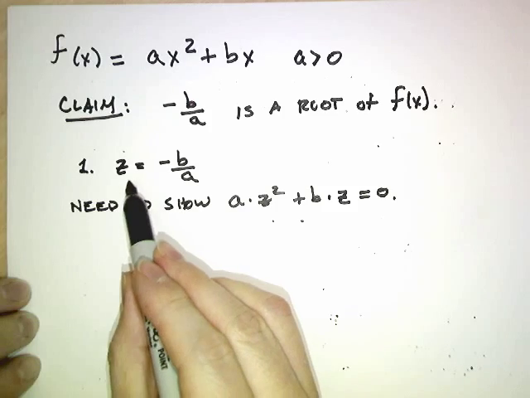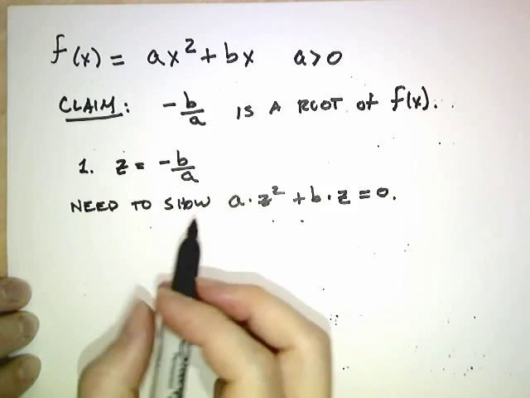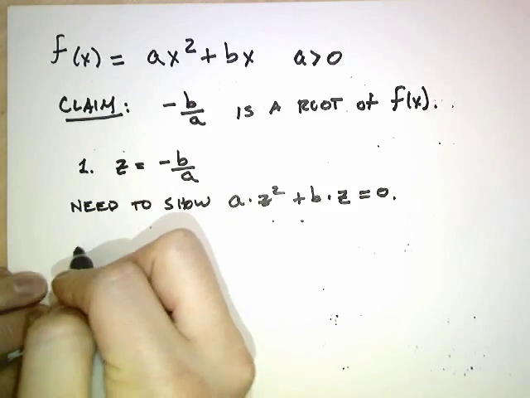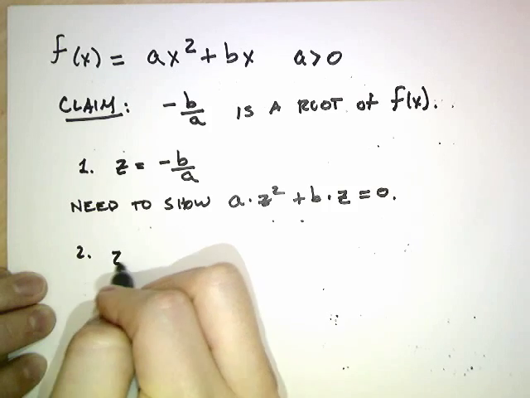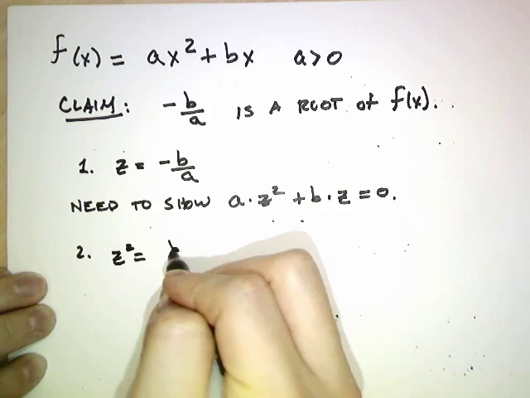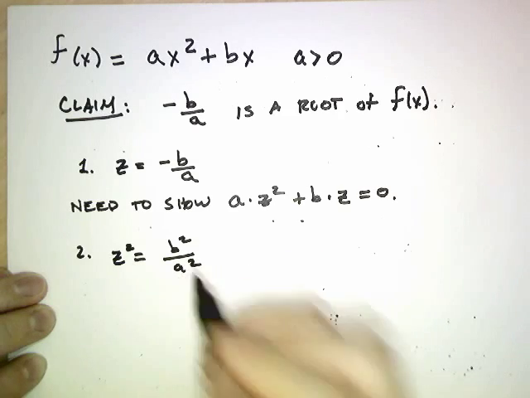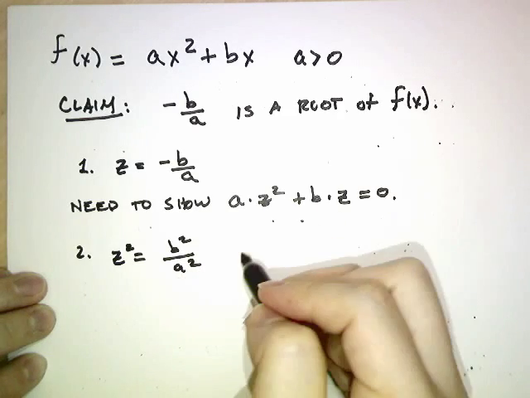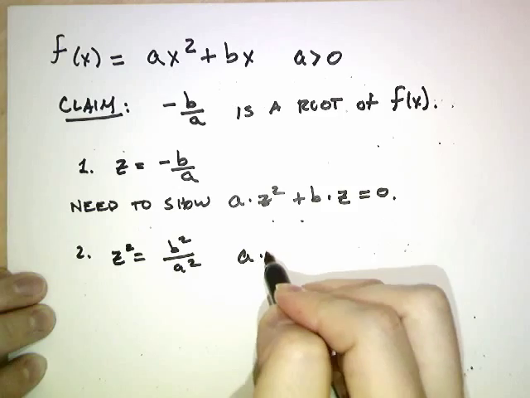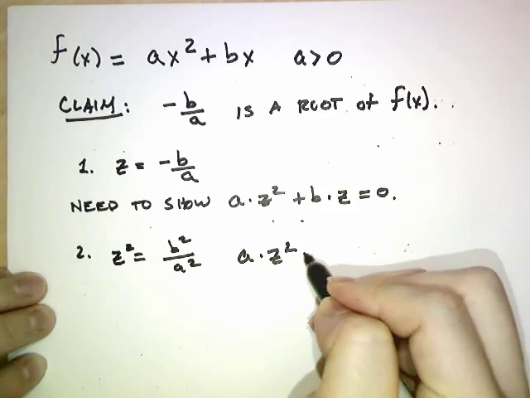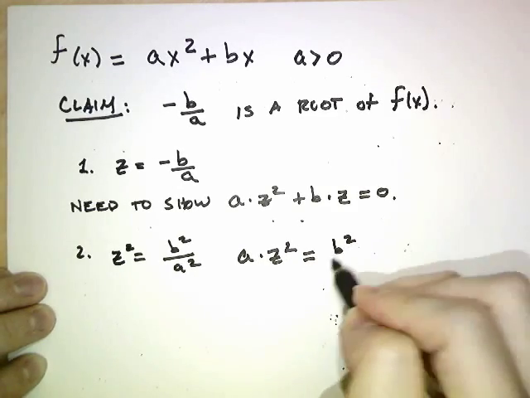That's what it means for z to be a root of this polynomial. Okay. So here's step 2. What is z squared? z squared equals b squared over a squared. And also a times z squared therefore equals b squared over a.